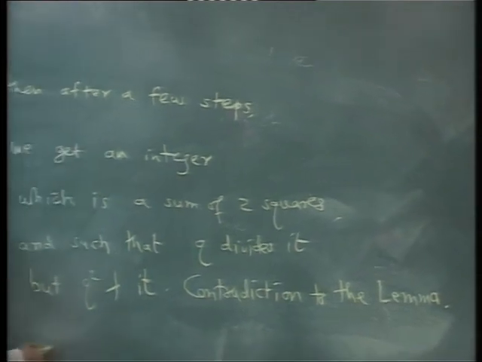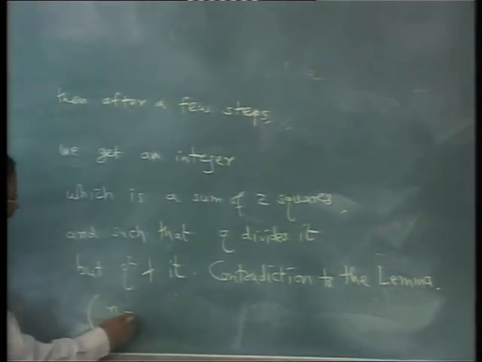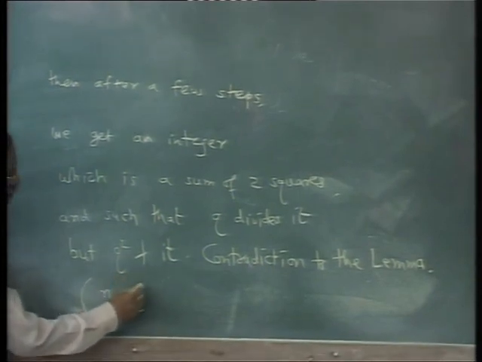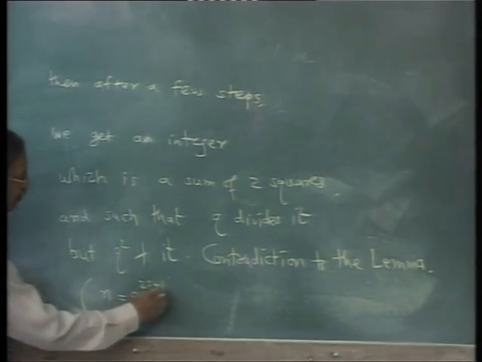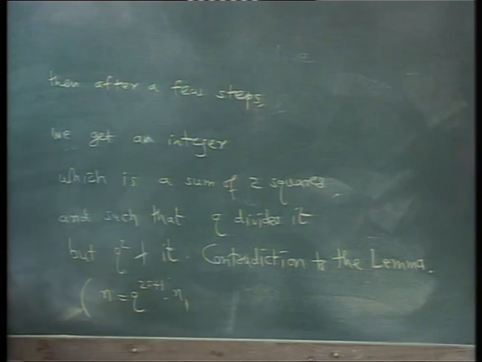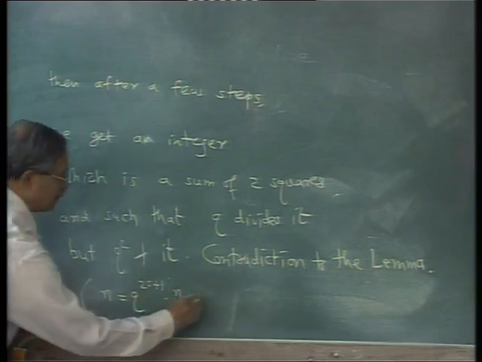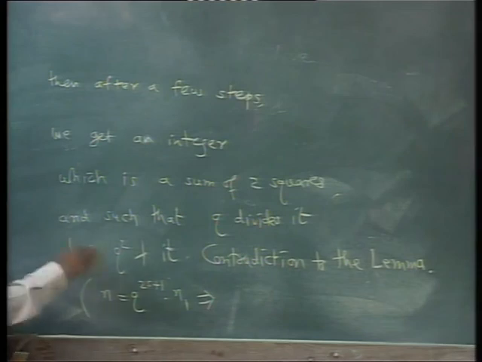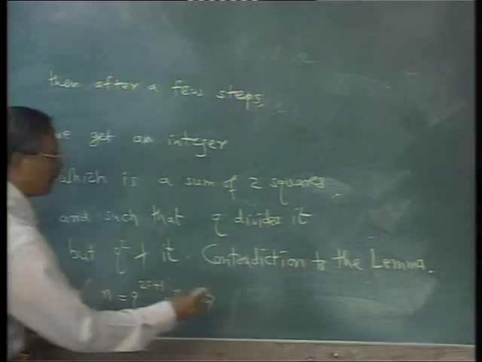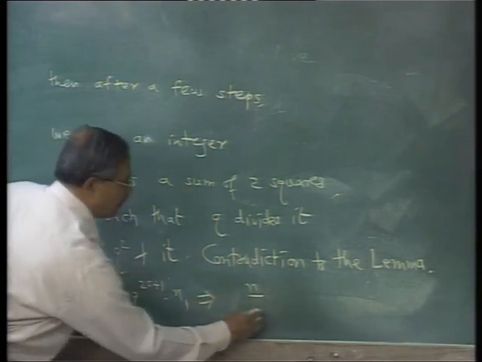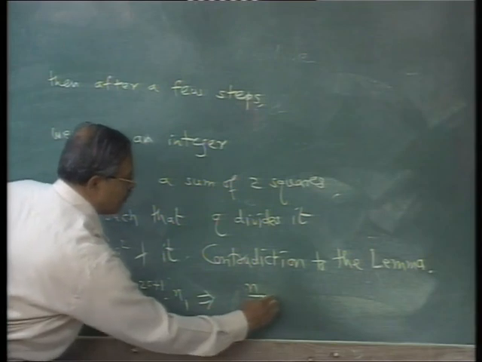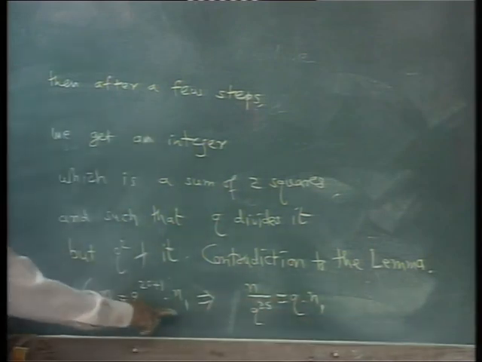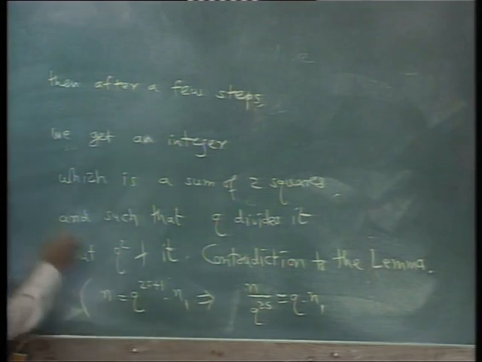I mean, suppose n is q raised to gamma, say 2s plus 1, times some n1. n is a sum of two squares, every time you divide by q square, so ultimately we get n by q raised to 2s, that is q times n1. n1 is the part which is free from q.